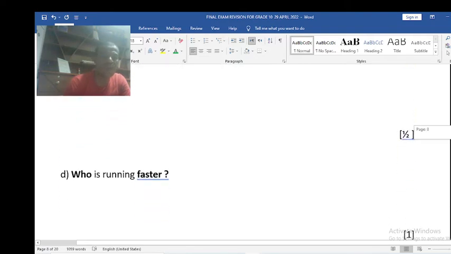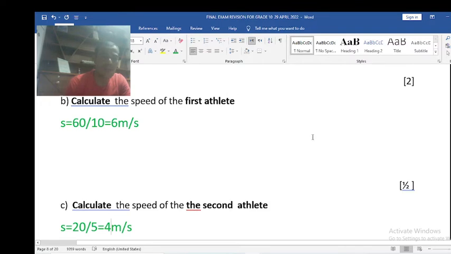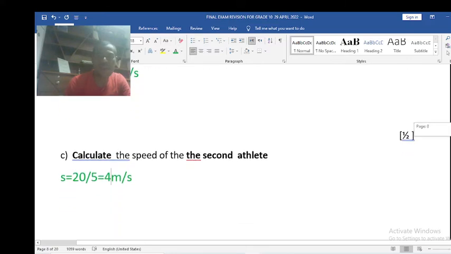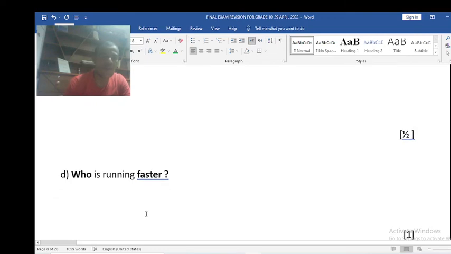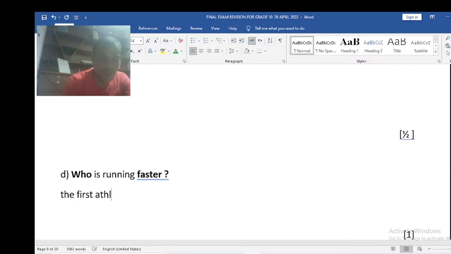So who is running faster? According to this, the first athlete is the fastest. Fastest, not fittest.